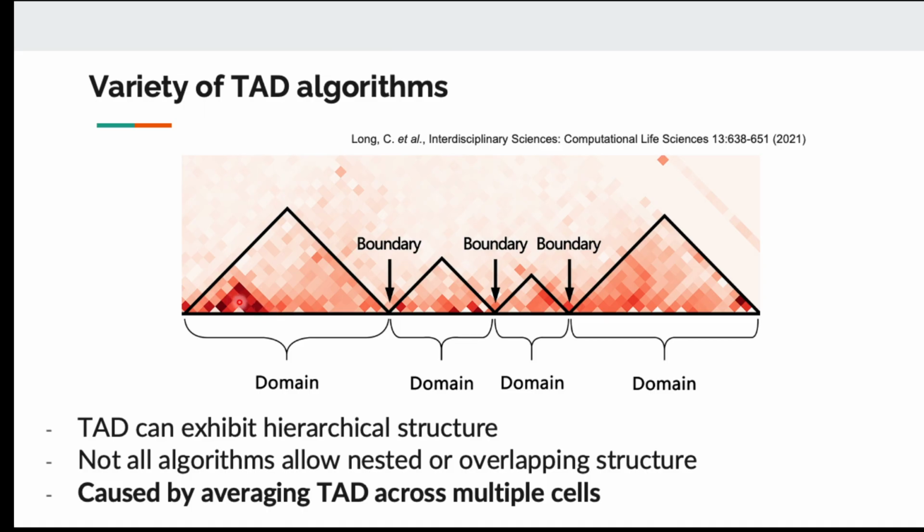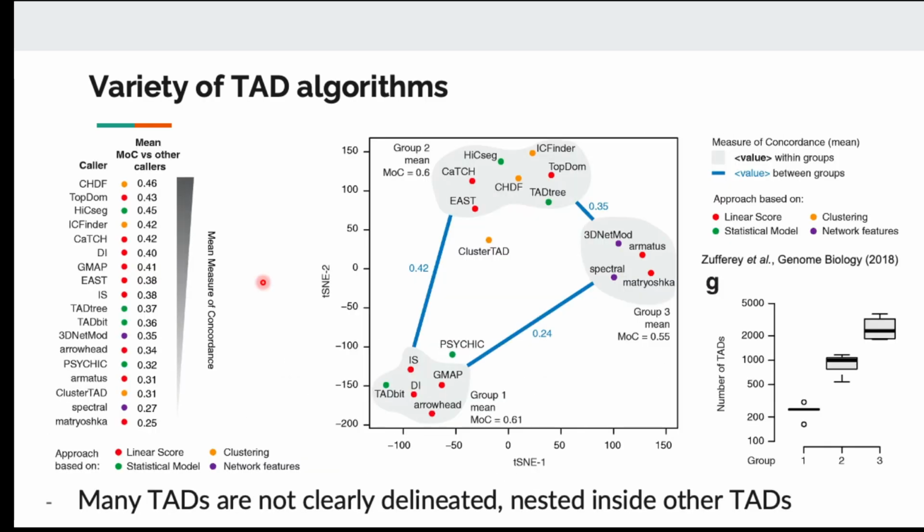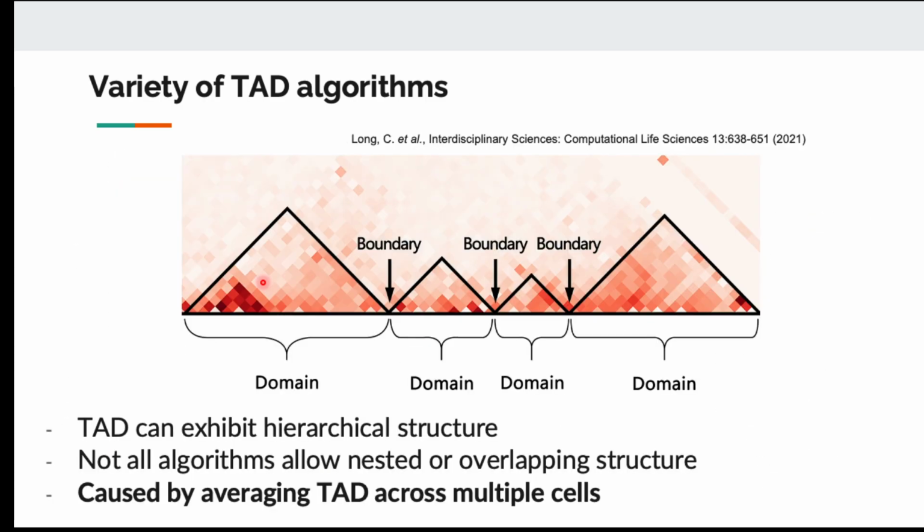So some cells might have this big TAD, some cells might have the smaller TAD. So the problem that every algorithm faces is that they are dealing with a mixture of TAD possibilities that are aggregated over many cells. Some algorithms will focus on larger TADs, some algorithms will focus on smaller TADs. So that's why we have different algorithms producing different predictions, but they are all looking equally good because they make different trade-offs.